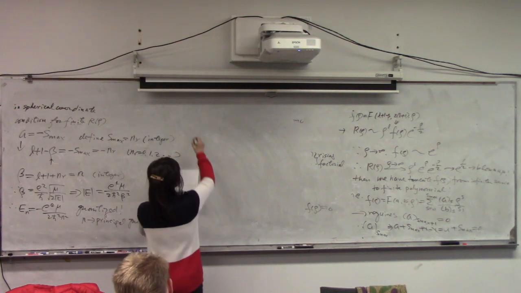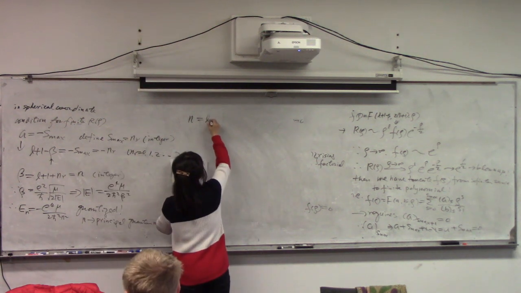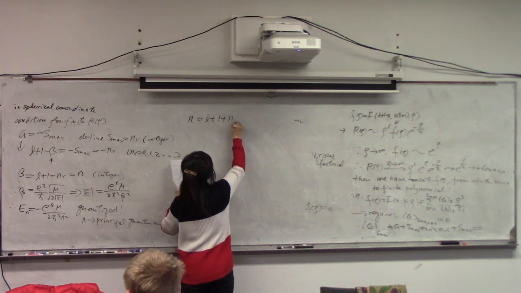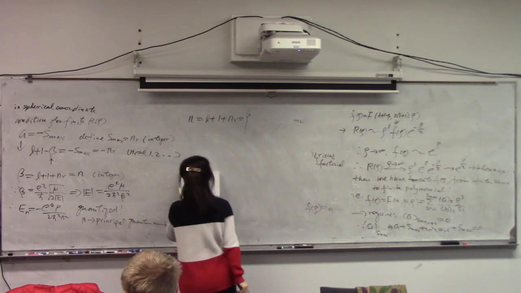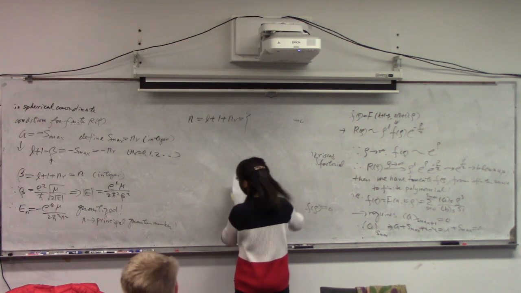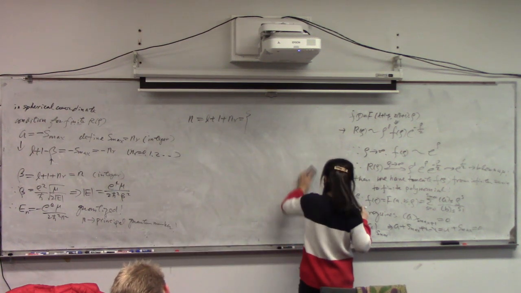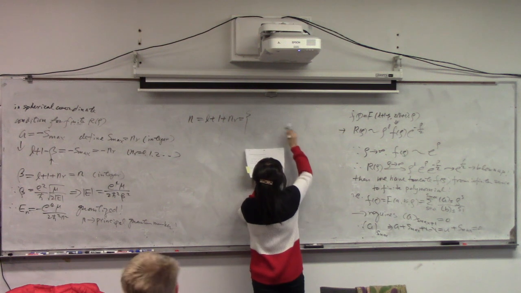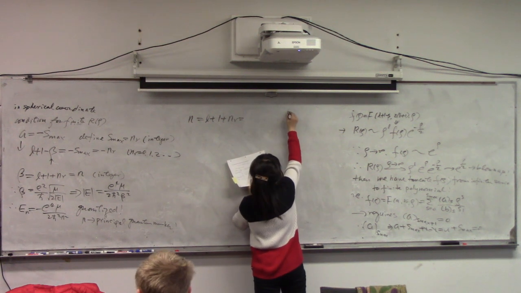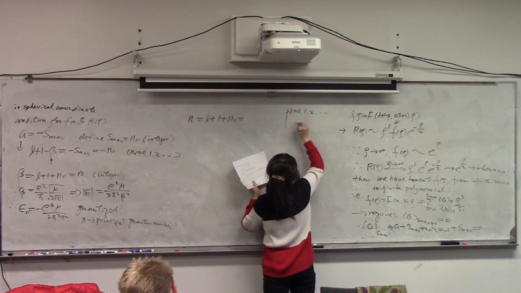So now we discuss n. N equals L plus 1 plus NR, right? Okay. So n, if you remember, the smallest n is which number? L from 0, 1, 2, 3.